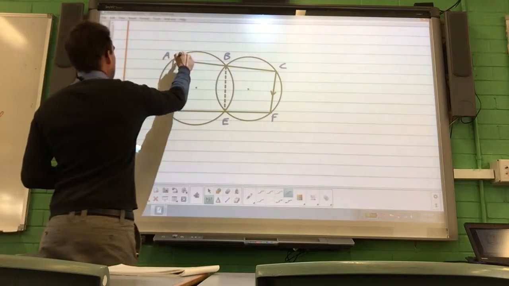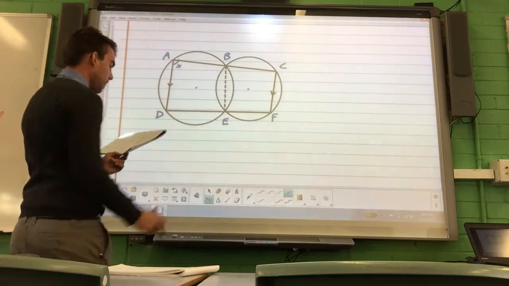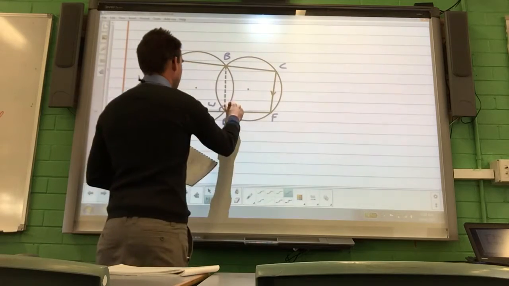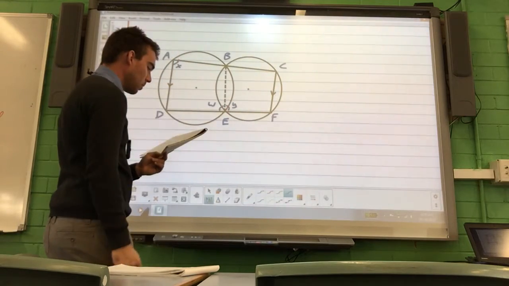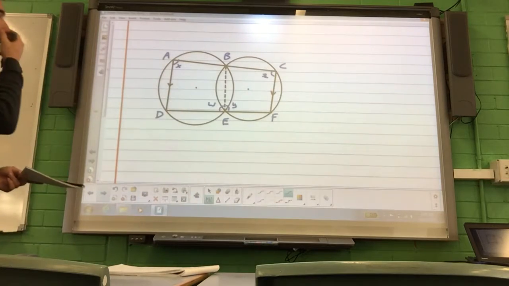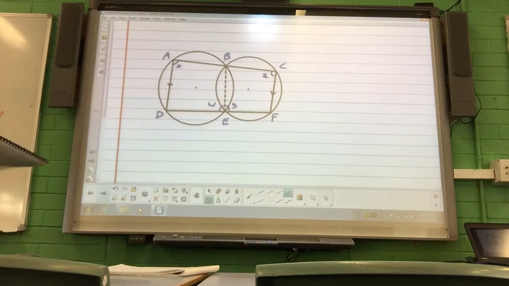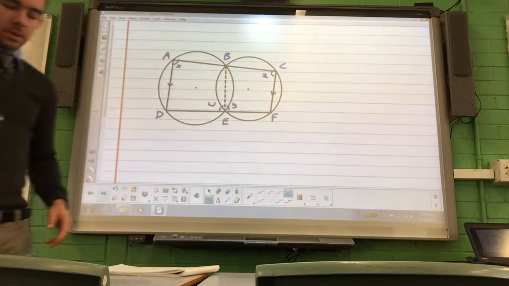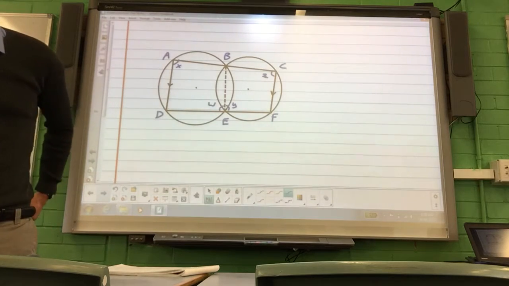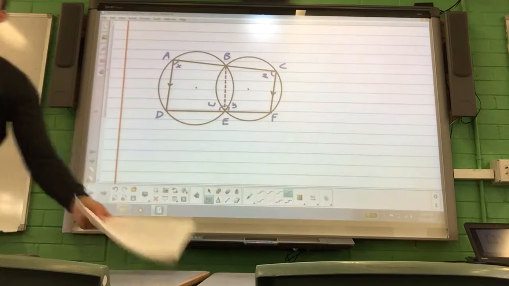So we've got the angle x, the angle w, we have y, and we have z. We need to show that DEF is collinear. So what does collinear mean?